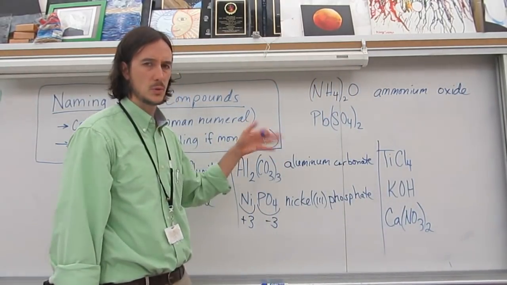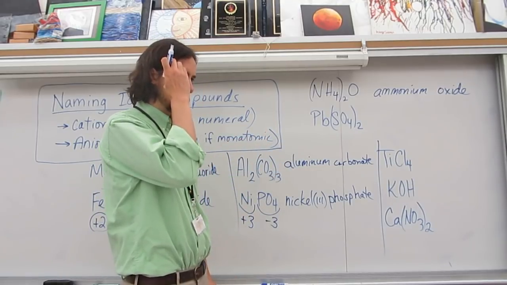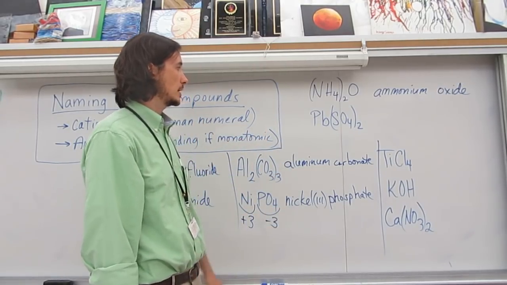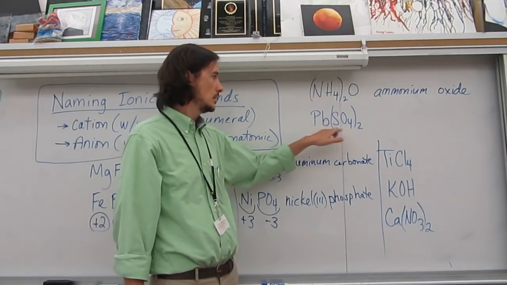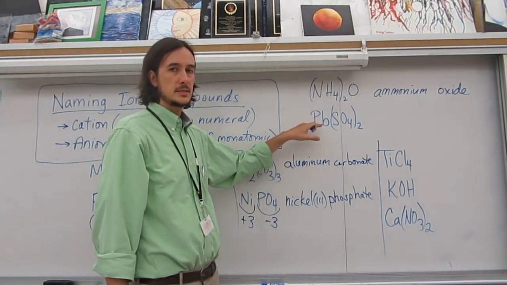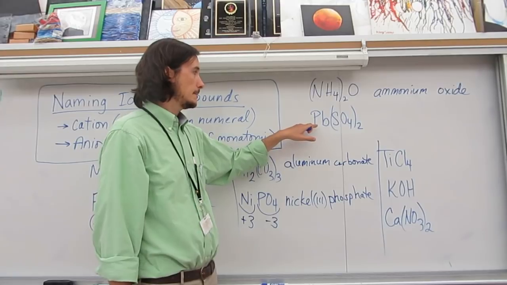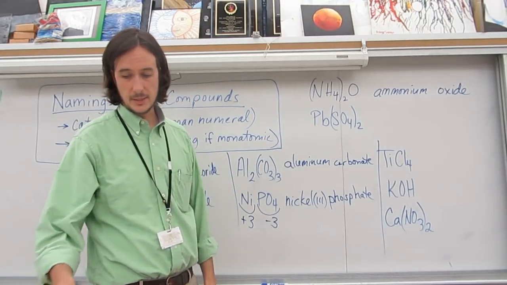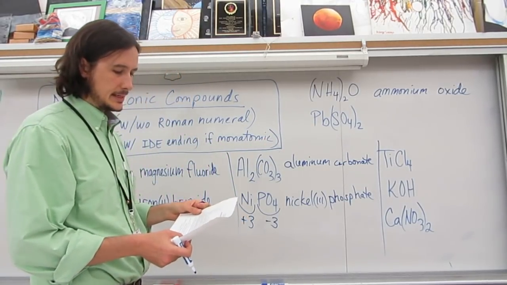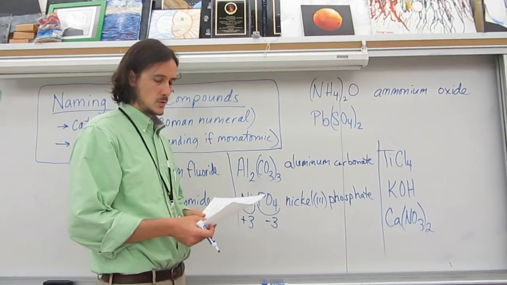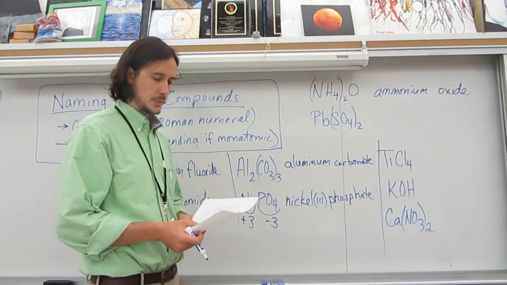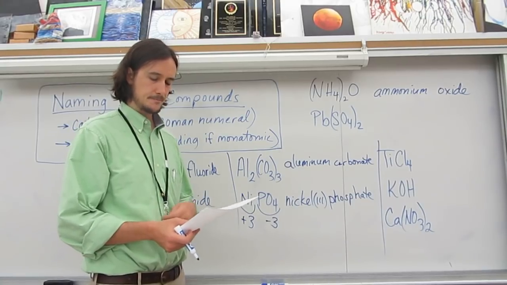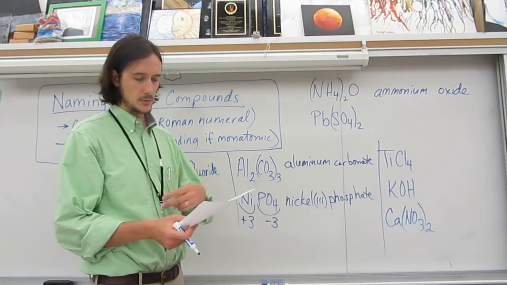As you're looking at these, you might work ahead and see if you can name some of these before I do. So we've got Pb, SO4 2-. Pb, I hope you've heard, that's the symbol for lead. And we find lead on the periodic table. Lead is in group 14, which I did say was ±4, but lead's a metal, so we're below this line.